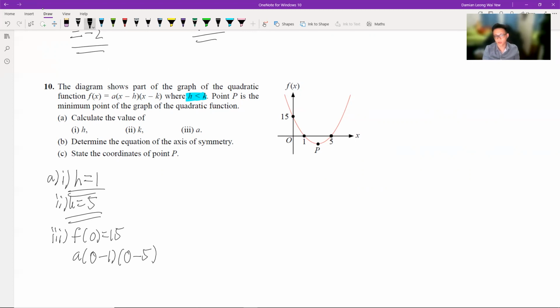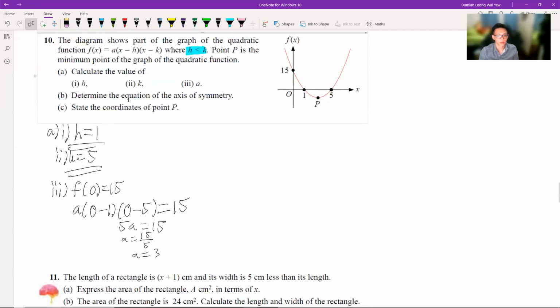Okay, because x is 0. Then the whole thing equals 15. Negative 1 times negative 5 is 5. 5A is 15, divided by 5. Okay, times opposite divide. A is 3. That's the value of A.